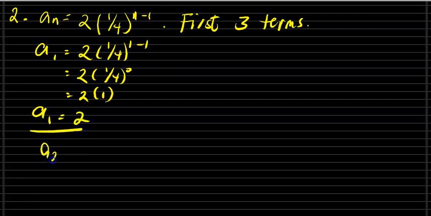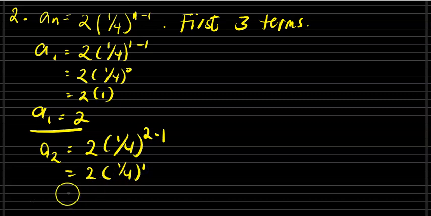So a sub 2 is going to become 2 times 1/4 raised to 2 minus 1. It's going to give you 2, and 1/4 raised to 1 is the same 1/4. So that's going to give you 2 times 1/4, which is 2/4, and reduced to its lowest term is going to become 1/2.